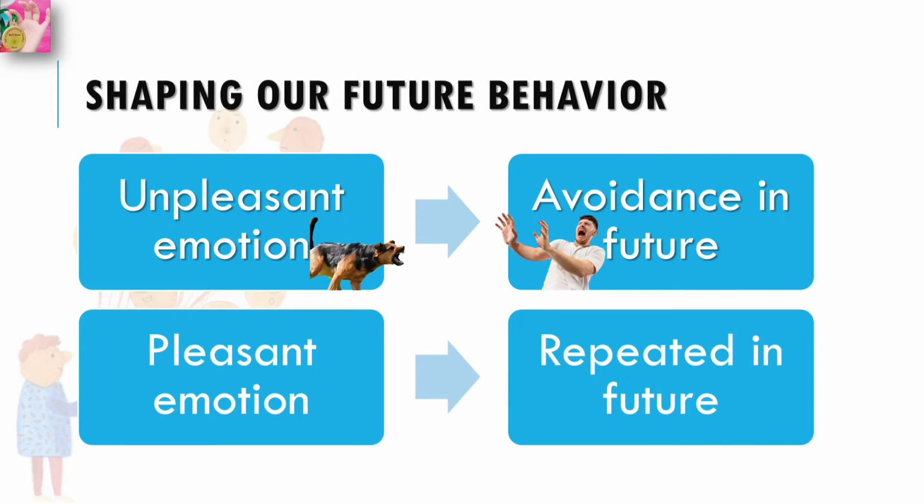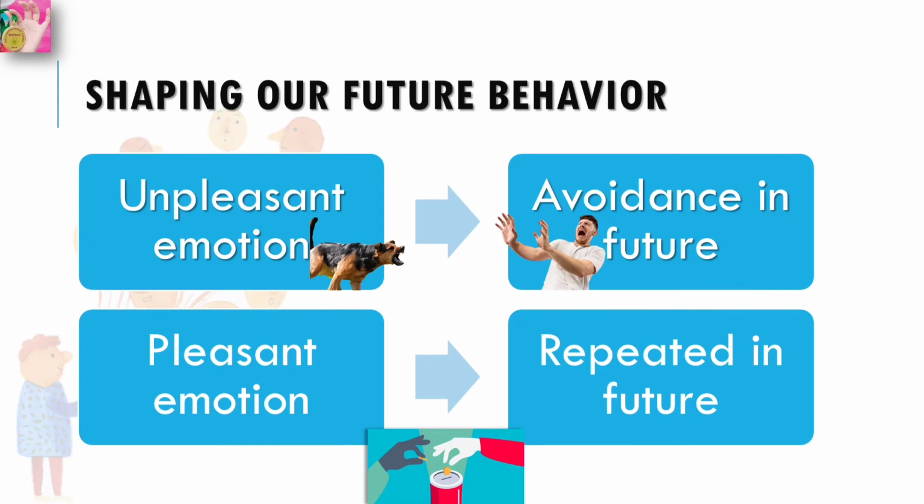Similarly, pleasant emotions act as reinforcement for prior behavior, and therefore are apt to lead an individual to seek out similar situations in the future. So the feelings of satisfaction that follow giving to charity are likely to reinforce charitable behavior and make it more likely to occur in the future.